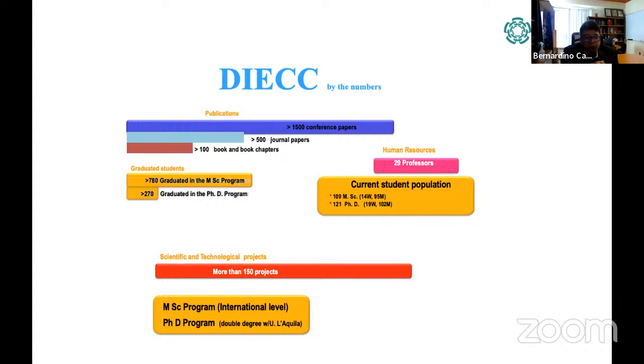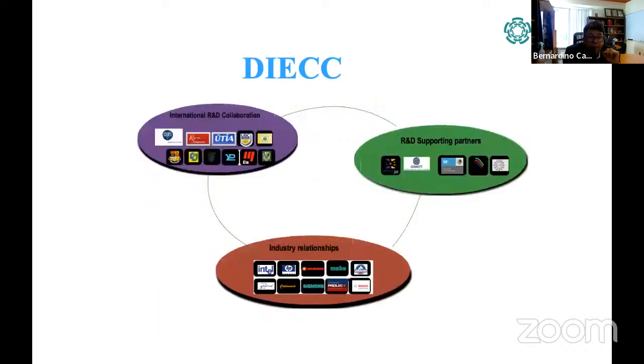We can send and receive PhD students, and they get both the diploma from CINVESTAV and from the University of L'Aquila. Up to now about 6 PhD students have graduated under this program.